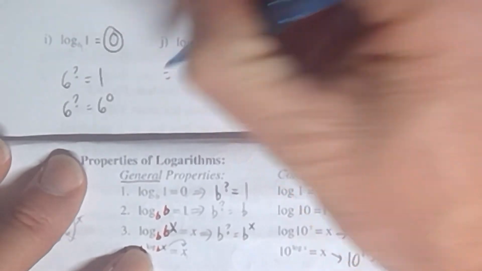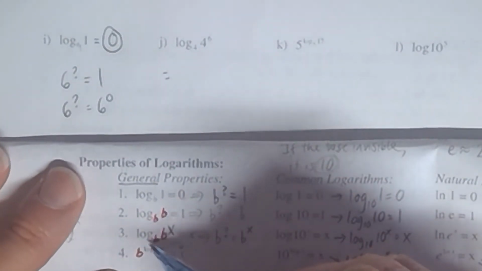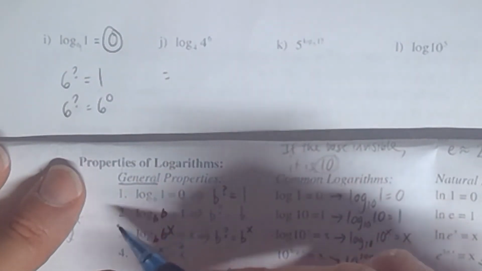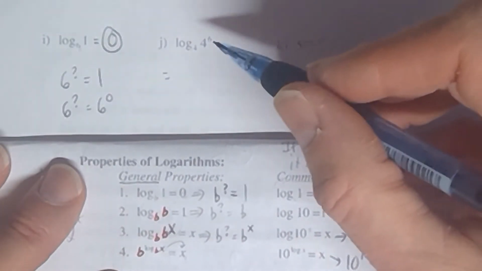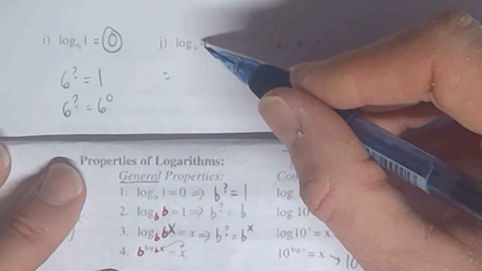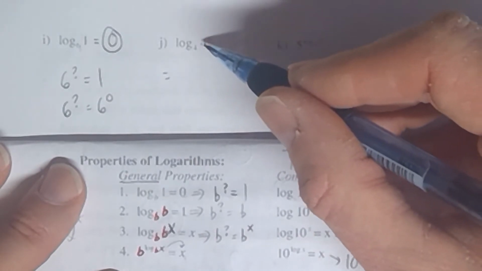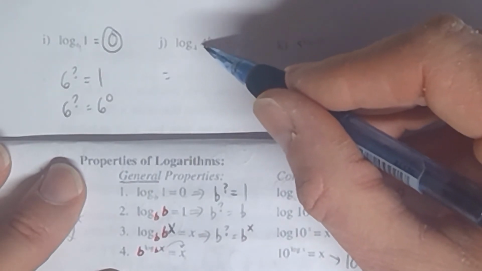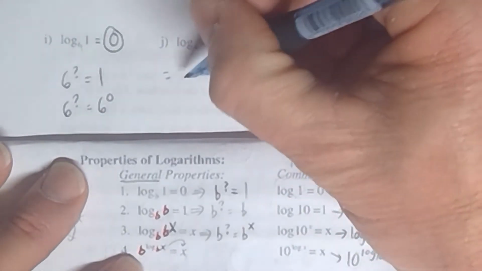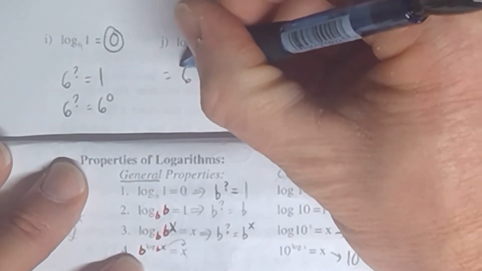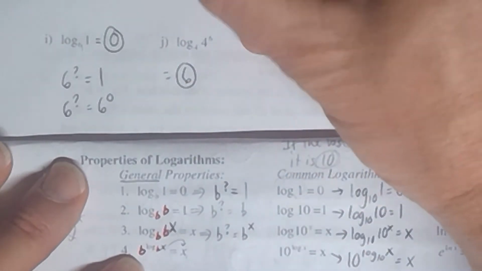As we learned in the third property on the front side of the worksheet, that I'm circling right now with my pencil, when you have a product term that has a base and an exponent, and the base is the same as the little base underneath the log, then this is going to be equal to 6. Why is that true again?